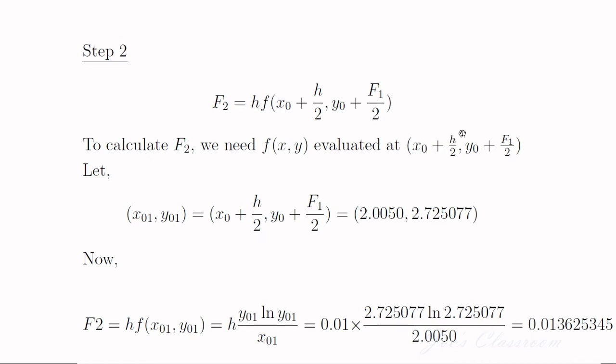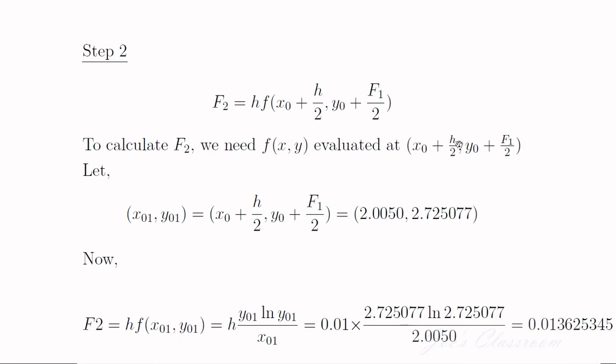So let me call these coordinates x naught 1 and y naught 1. So x naught 1 is equal to x naught plus h by 2 and y naught 1 is equal to y naught plus f1 by 2. Since x naught, h and y naught are already available with us, we can substitute those values here and find out the coordinates.